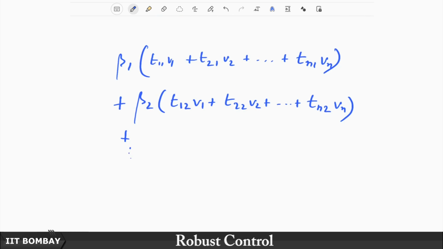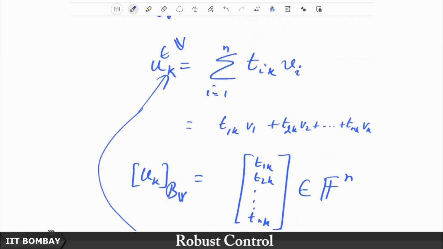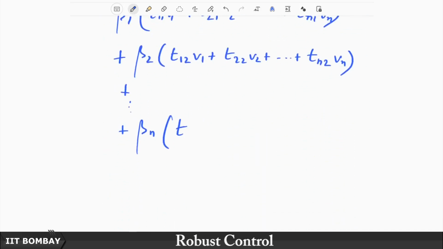Plus dot dot dot, the last element is beta n, and now let me be a little careful here, not mess this up. What I am summing over is the first index.